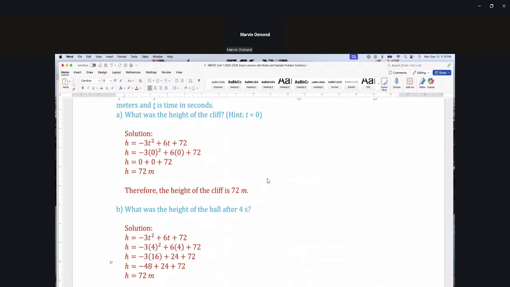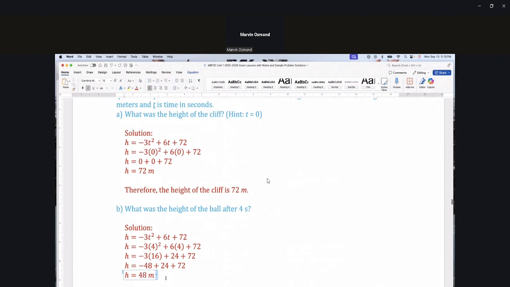works out to be, I did something wrong here. Okay, so let's do that again. So negative 48 plus 24 plus 72 works out to be 48. Okay, so that works out to be 48.